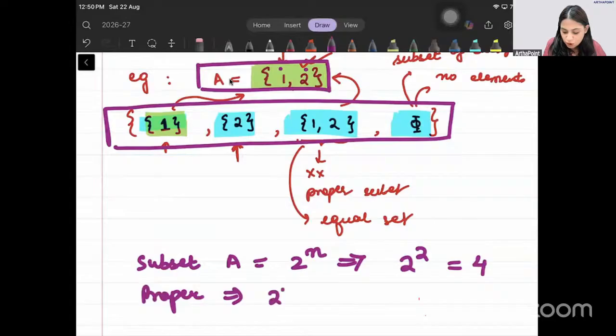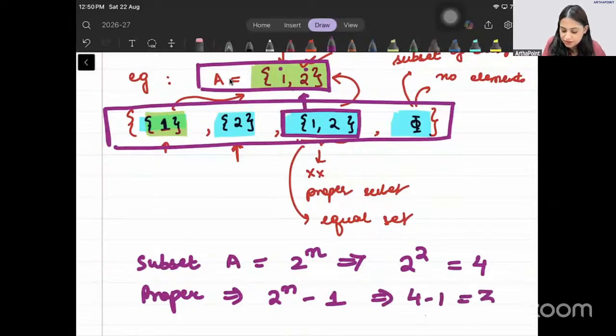It will be total minus 1, क्योंकि एक subset उसमें equal था A के. So proper means you have to remove the equal set. So it will be 4 - 1, that means 3. So these are proper subsets because they are not equal to A, वो A के बराबर नहीं है. And this is an equal subset.